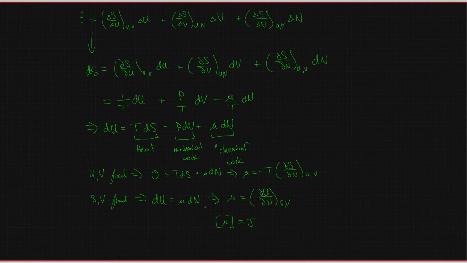So let's just demonstrate how that works quickly. Let us consider an Einstein solid again, and let's take N to be 3, Q to be 3, and let's do what we were just talking about. Let's hold S and V fixed.